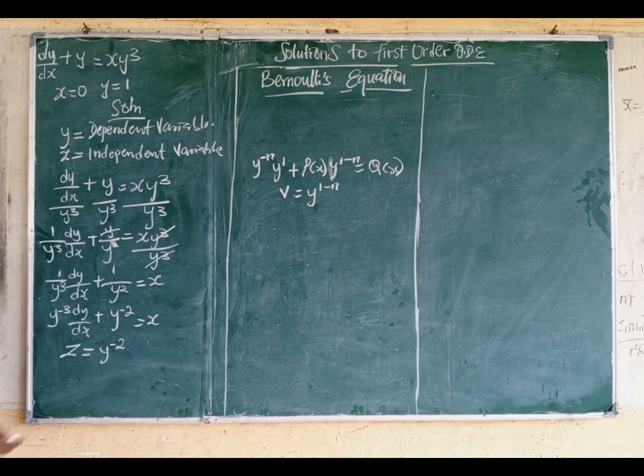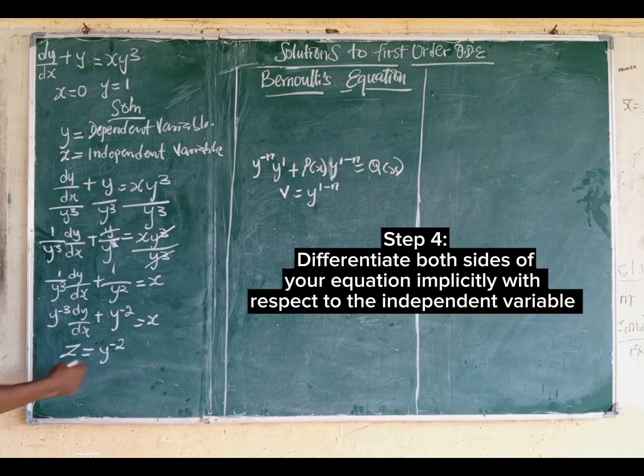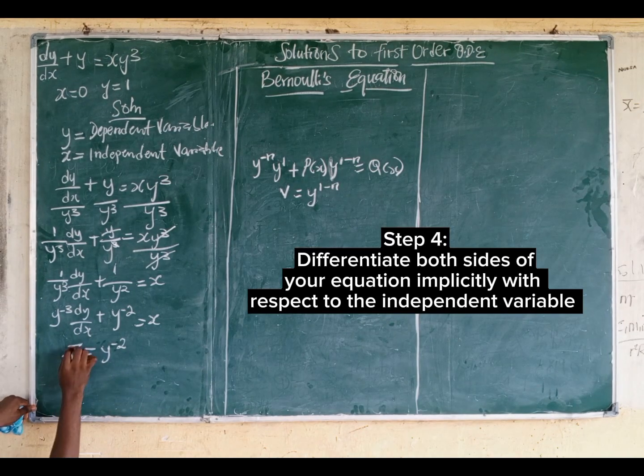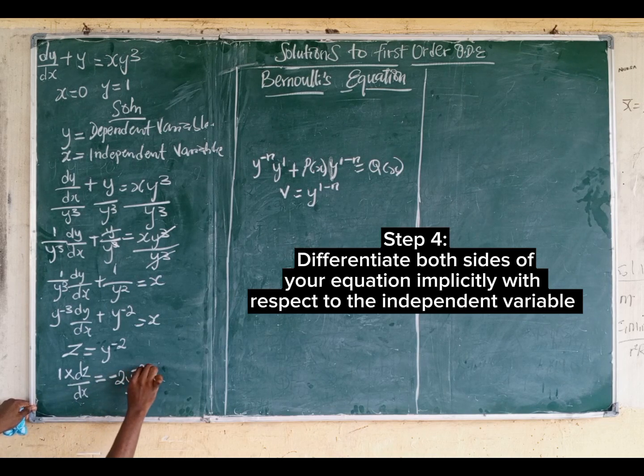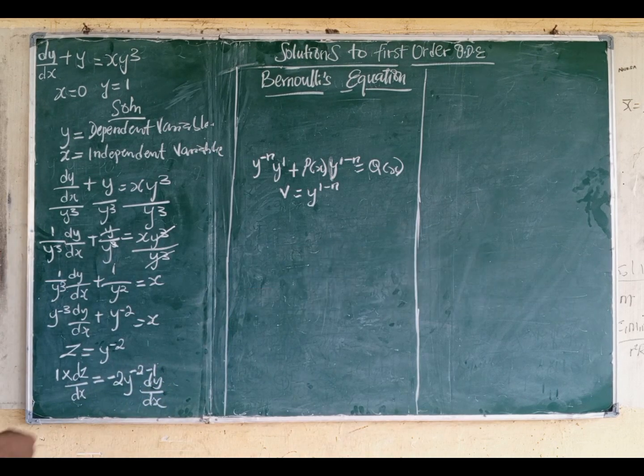What's the next thing we are supposed to do? The next thing is to differentiate both sides of your equation. Now, if we differentiate both sides of your equation, we are differentiating implicitly. Now, doing that, we'll have 1 multiplied by dz over dx, and this is equal to minus 2y to the power of minus 2 minus 1 dy over dx.